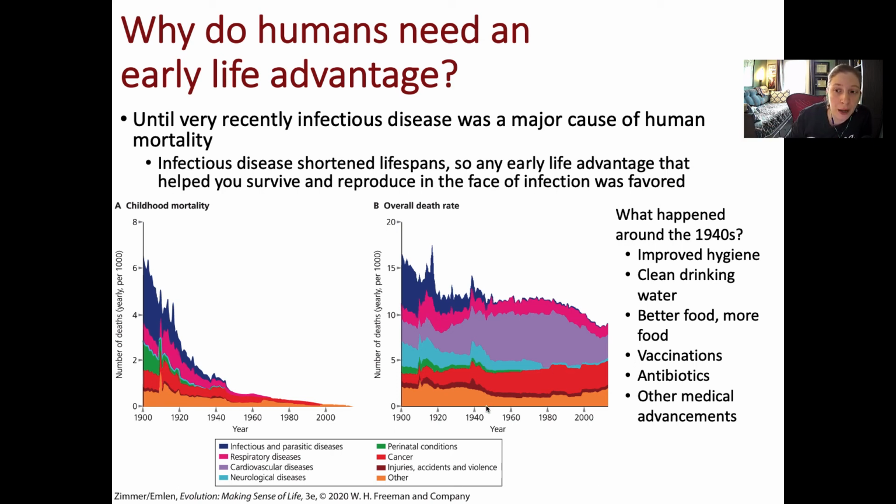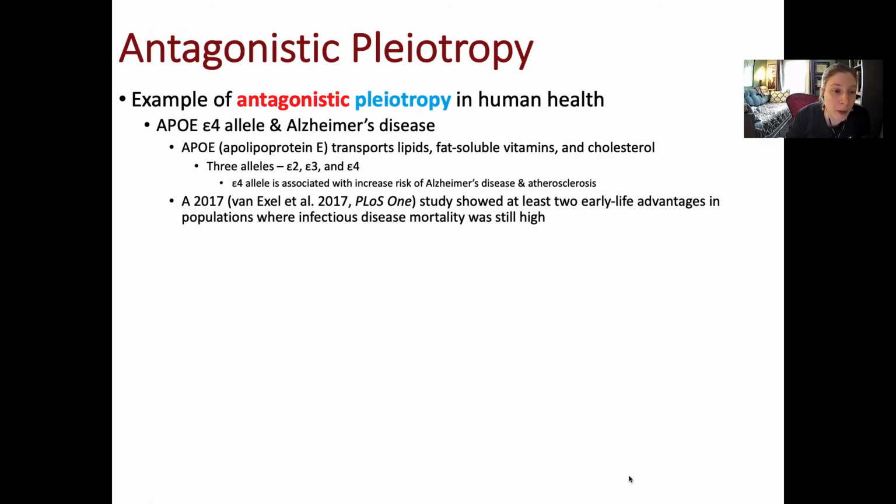So if we now think about why we needed these early life advantages, one of the best examples of antagonistic pleiotropy in human health is Alzheimer's disease. One of the genetic markers for Alzheimer's is the epsilon 4 allele of the gene APOE, or apolipoprotein E. This gene is involved in transporting lipids, fat-soluble vitamins, and cholesterol around your body.